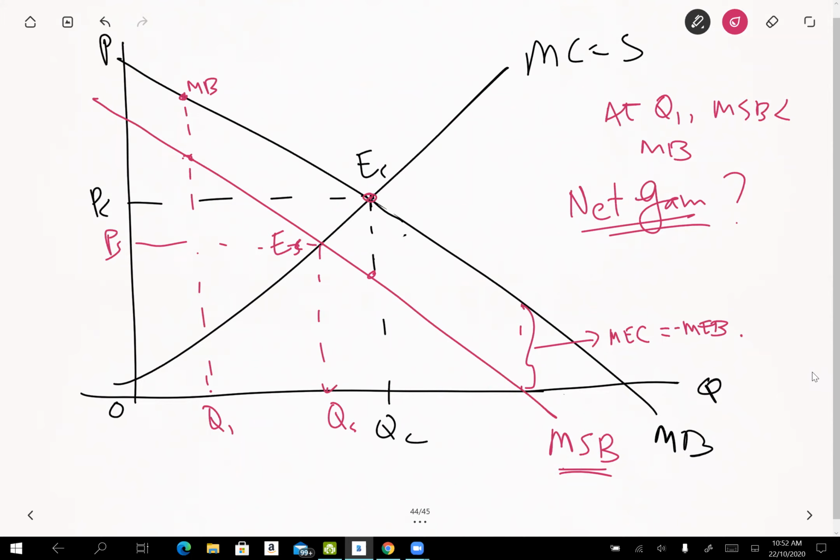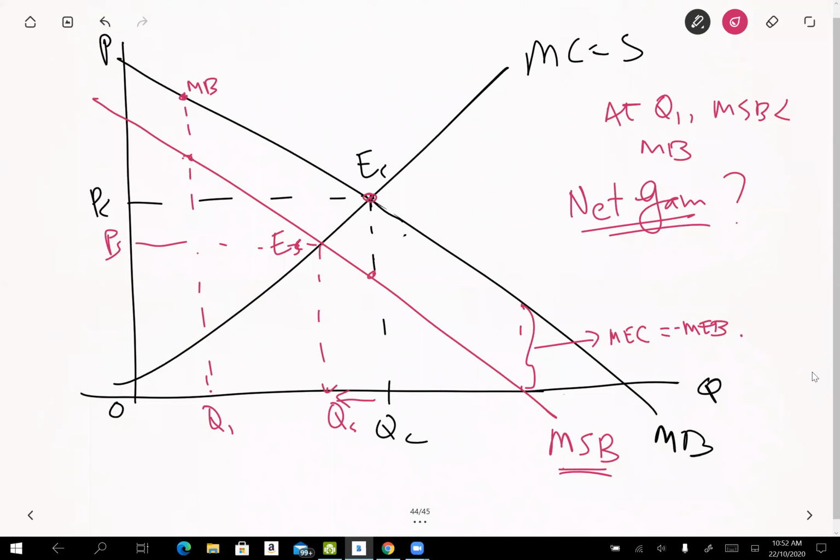They reduce the output by one unit. Similarly here, the marginal cost of producing that good is larger than the marginal social benefit. The additional benefit to the society is less than the marginal cost. So we'll produce less output.